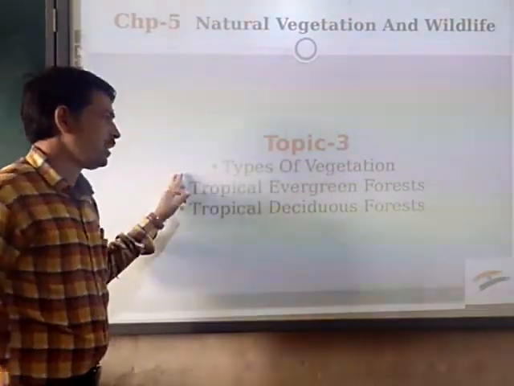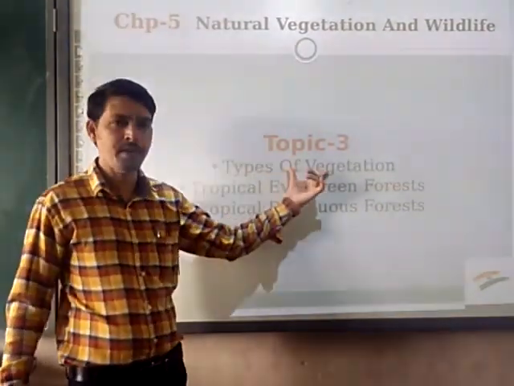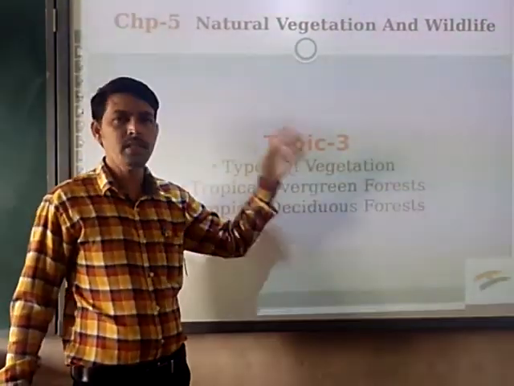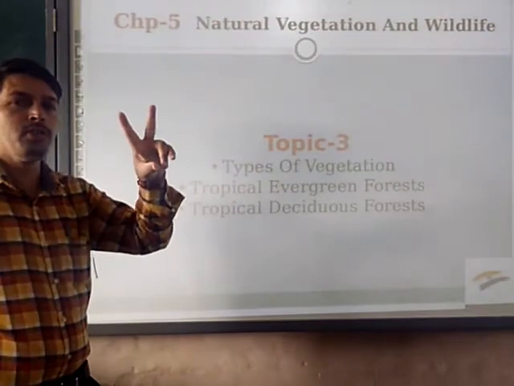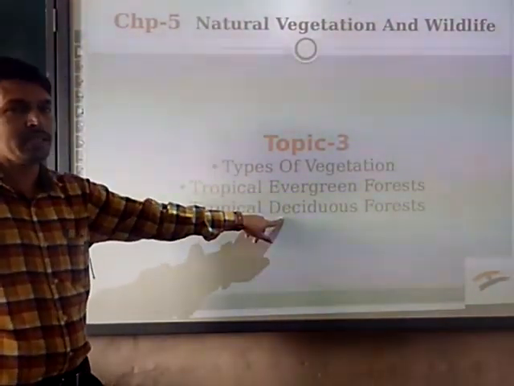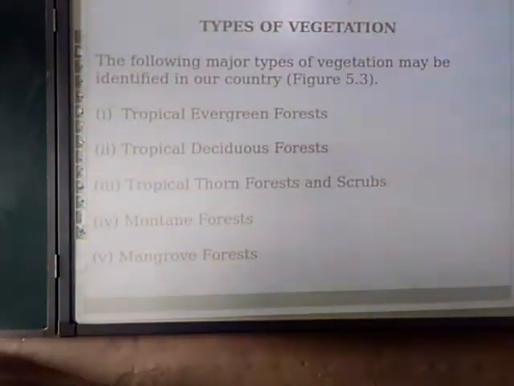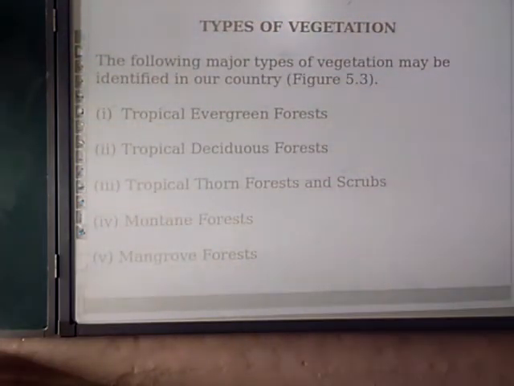In our previous presentation, we already saw the types of vegetation. There are 5. Out of them, 2 we are discussing in this presentation: evergreen forest and deciduous forest. Let's proceed. Types of vegetation. The following major types of vegetation may be identified in our country.